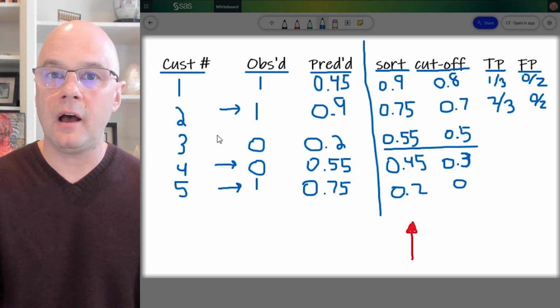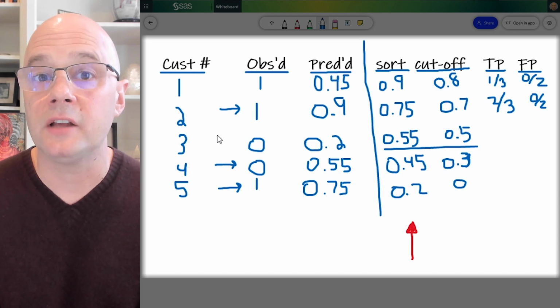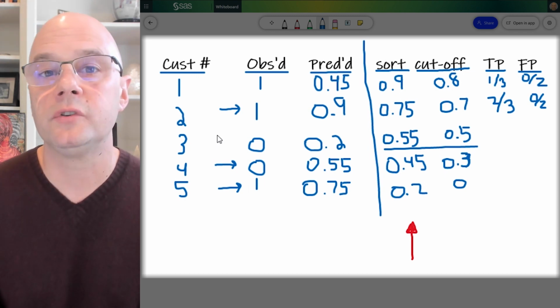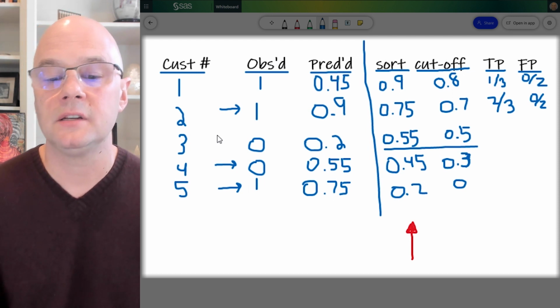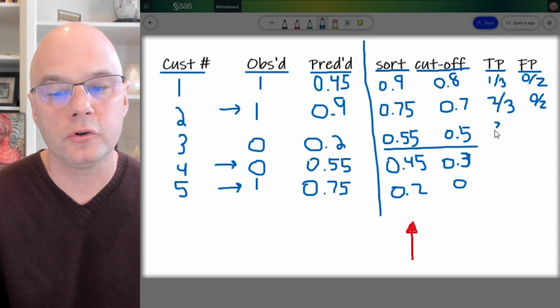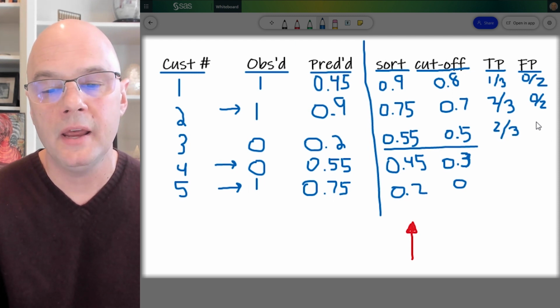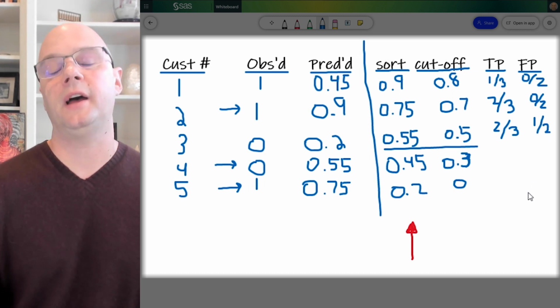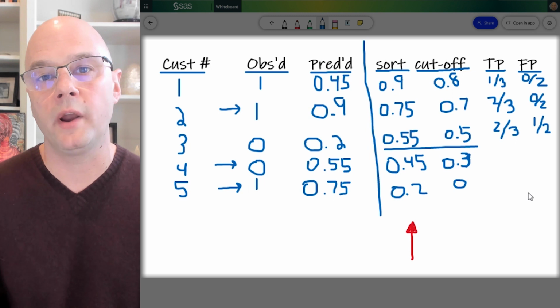But given this cutoff, I'm labeling that observation as a 1. That's the definition of a false positive. We're seeing our first false positive case. So at a cutoff of 0.5, I've still only captured 2 out of my 3 known 1s, and my false positive rate goes above 0 for the first time. It has increased to 1/2.